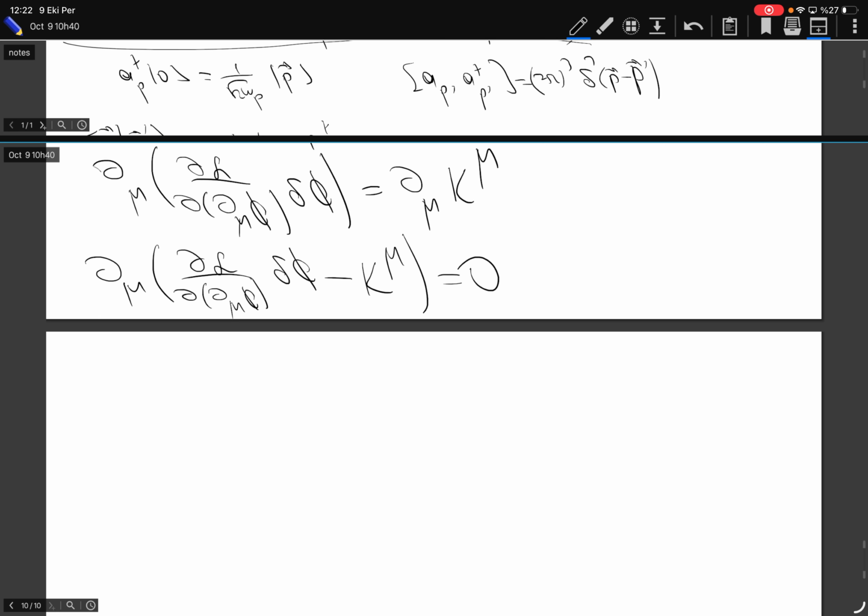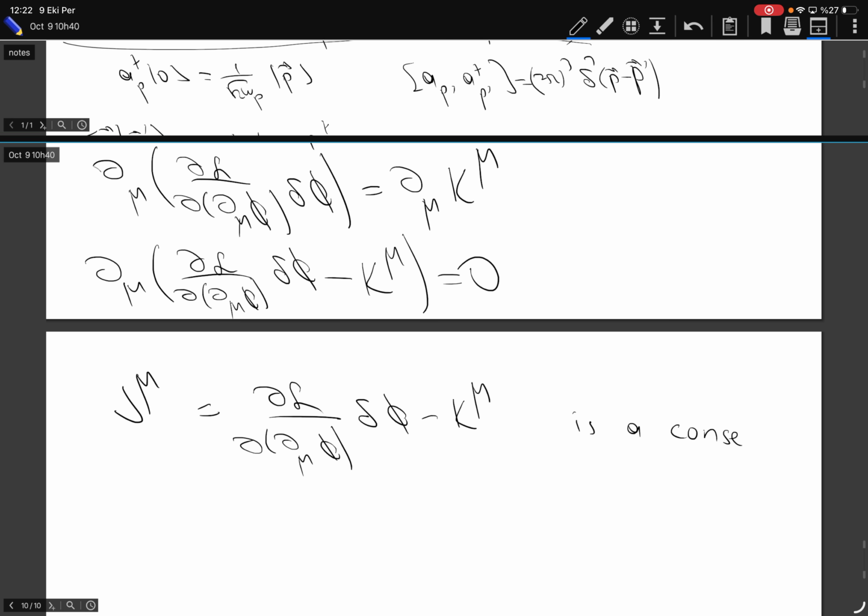You might have many parameters, so you might have more than one of these equations, depending on your parameters. But in general, let me define this whole thing as J mu. It just corresponds to a conserved quantity.